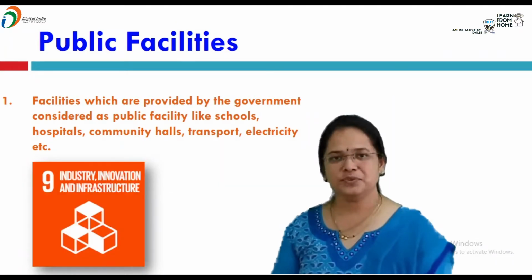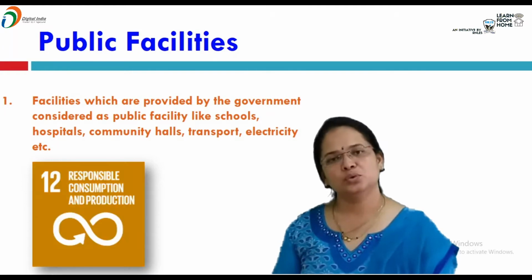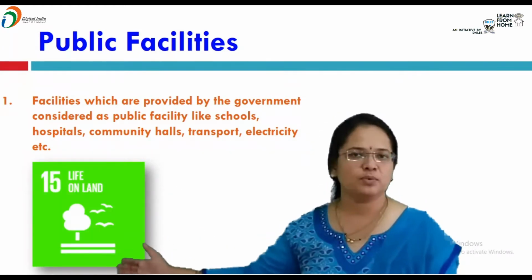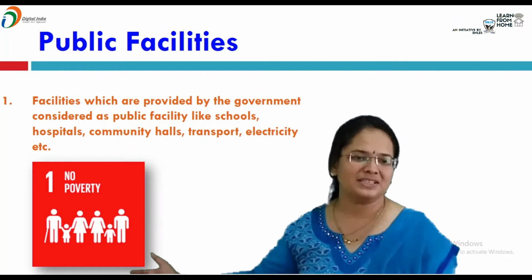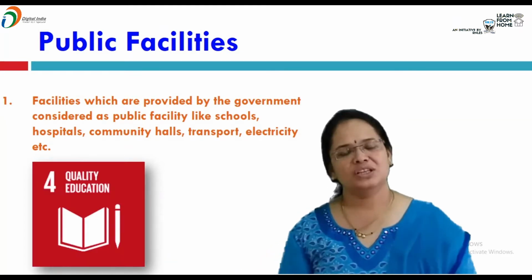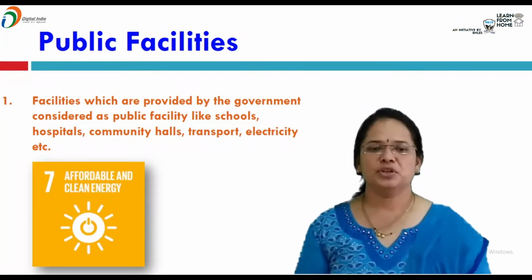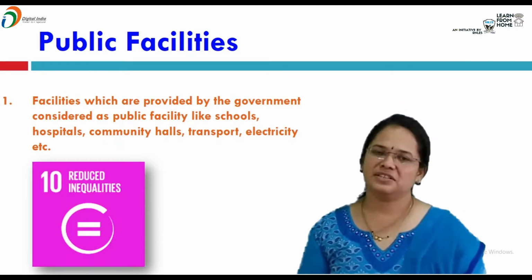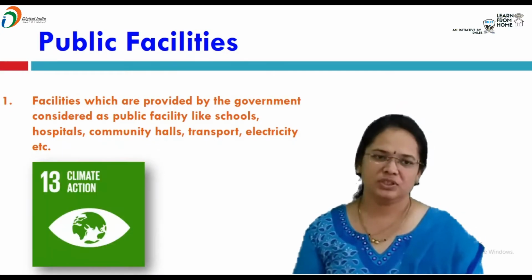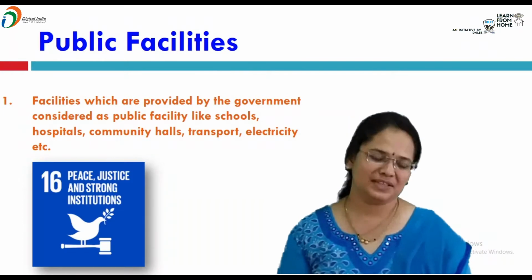Hence, if the government wants to do development, it must provide these facilities to the people: schools, colleges, hospitals, community halls, transport, electricity and many more. These are known as public facilities.